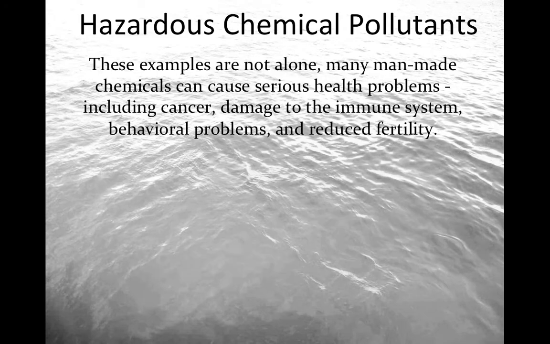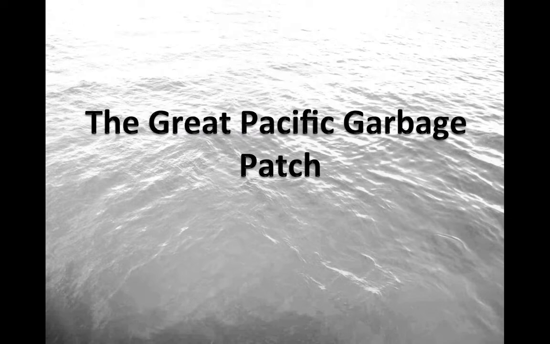Now, I'm just mentioning these two examples, but there are many other chemical pollutants found in the ocean as well. Man-made chemicals can be very dangerous to humans and other organisms, causing severe health problems, things like cancer, immune failure, behavioral problems, and reduction in fertility. So again, this is a very widespread problem for all of the organisms on the planet.